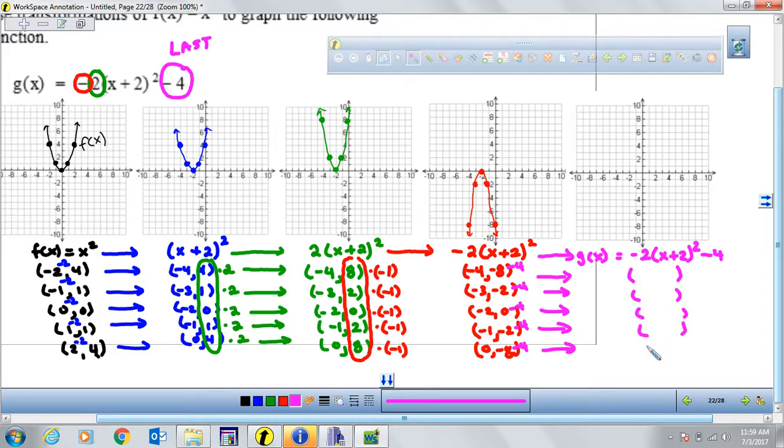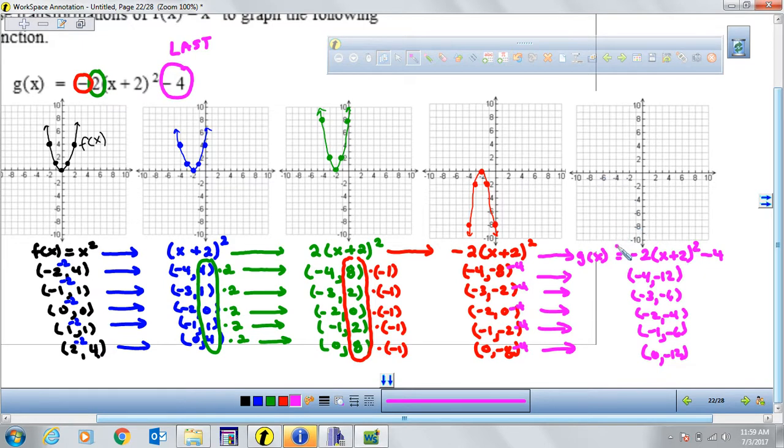So let's see what that is going to look like now. -4 comma -12, -3 comma -6, -2 comma -4, -1 comma -6, and 0 comma -12. And that's going to finish this. So -4, -12.